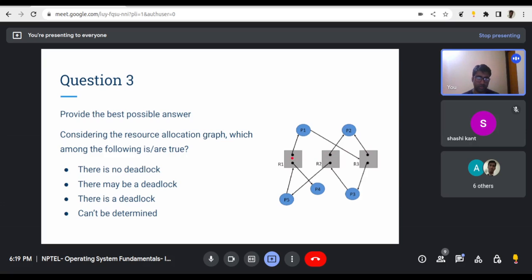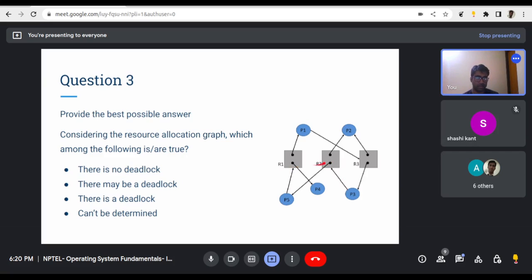So does there exist a cycle, by the way? There exists a cycle. See, this one is the cycle, right?